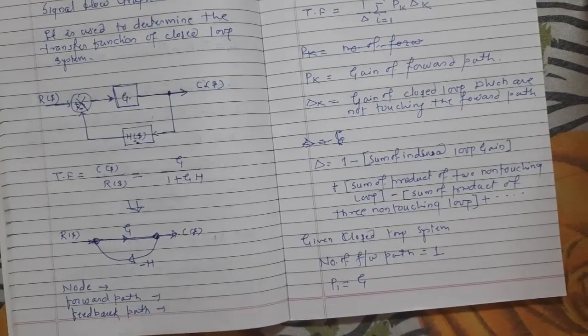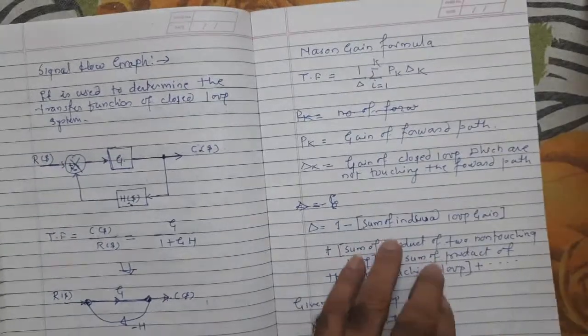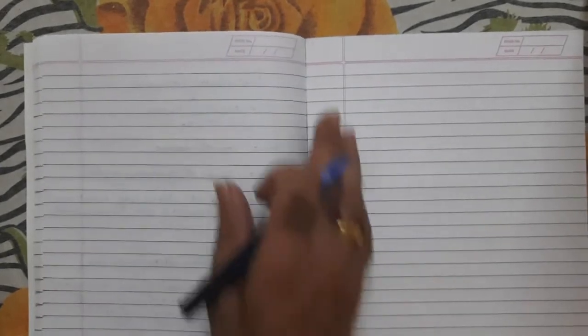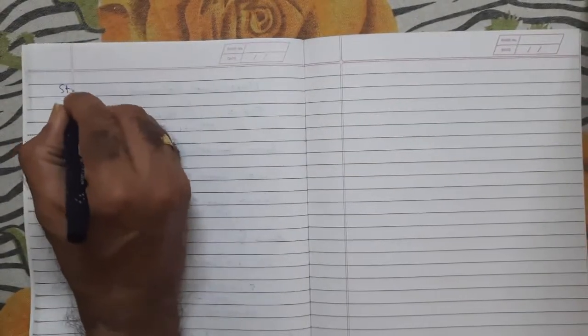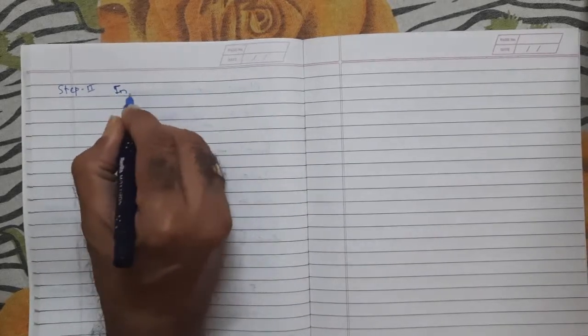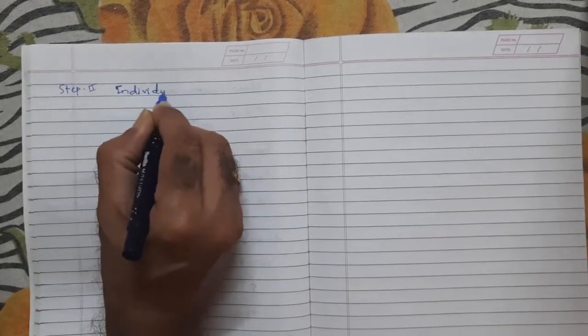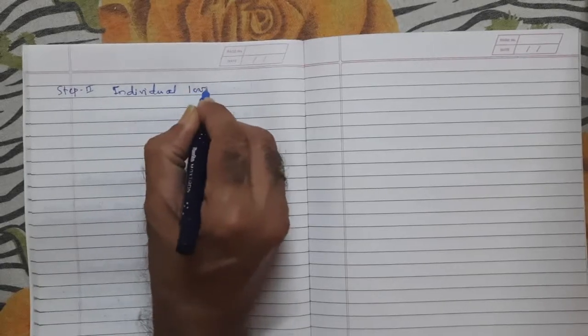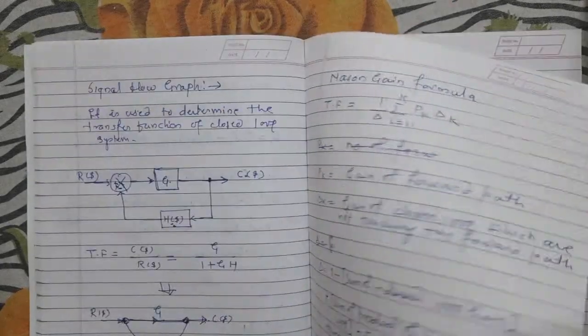Now in step 2, we will find out the individual loops. How many loops are there?